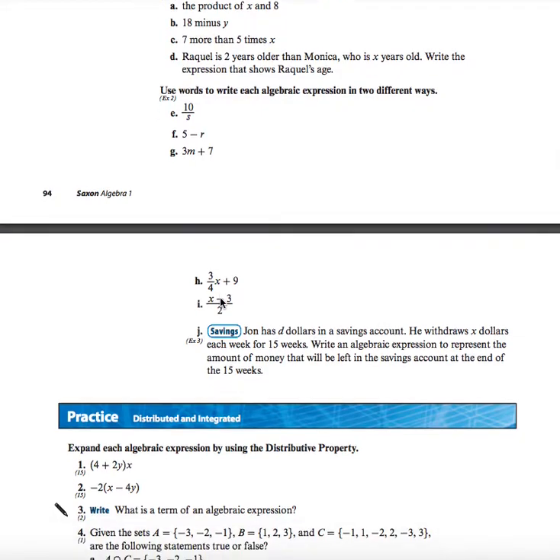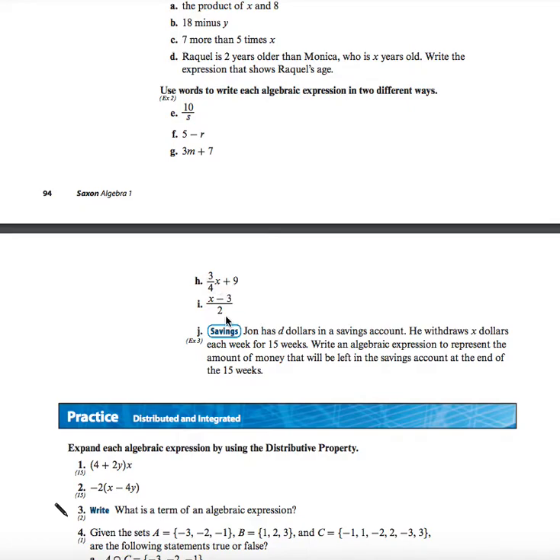Continuing down to the next page, H, I, and J. Letter H has multiple operations here again, so let's identify the two operations as we write this out. Here you would say 3/4 times x plus 9, or you could say the sum of, sum would be addition, the product of 3/4 and x.